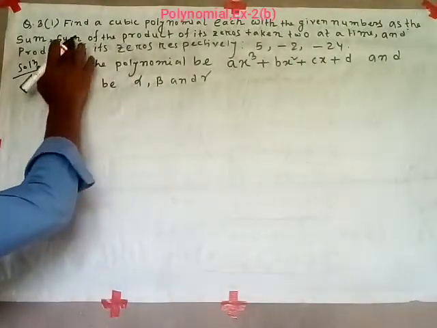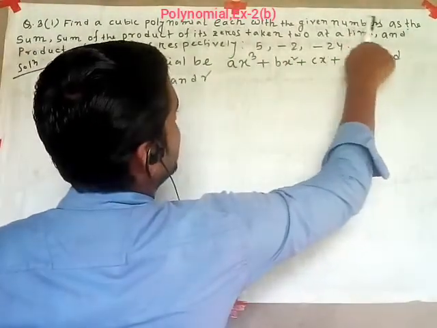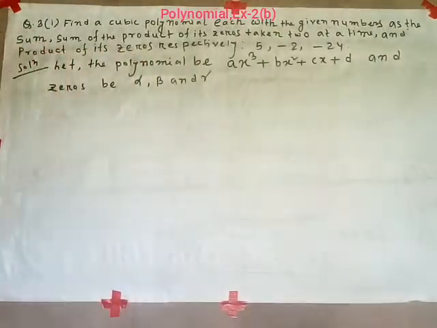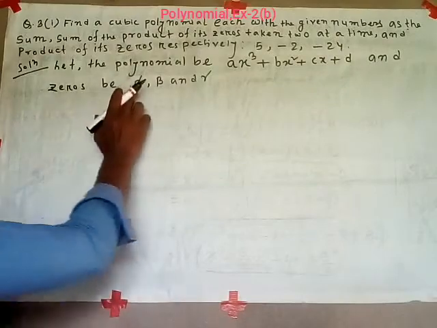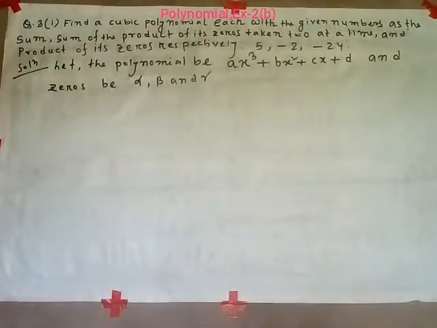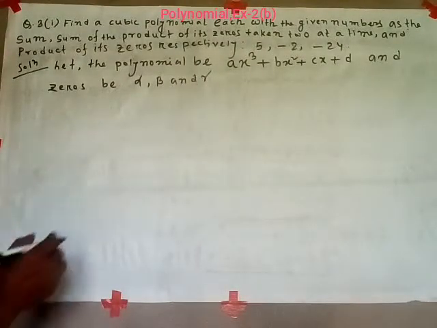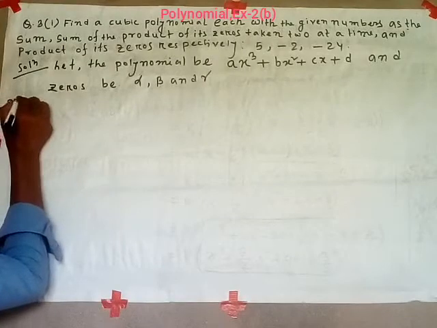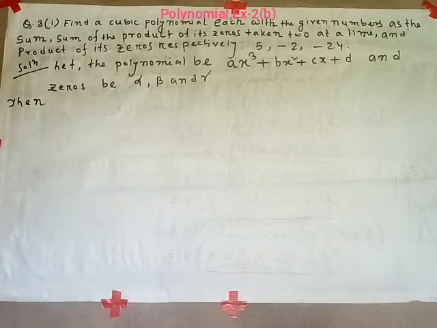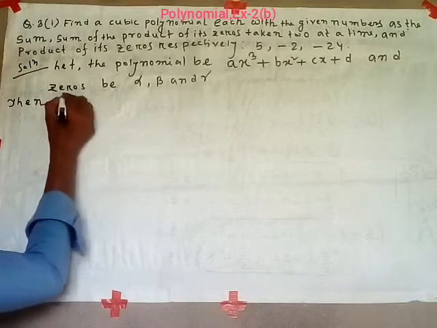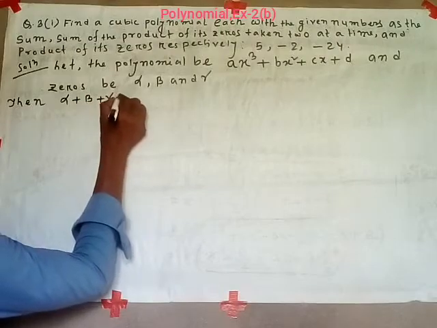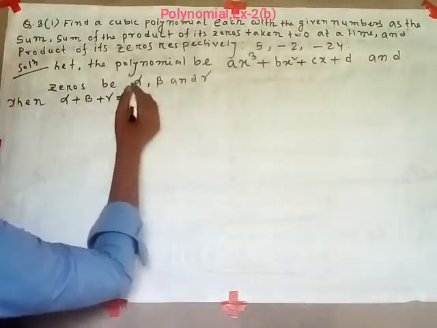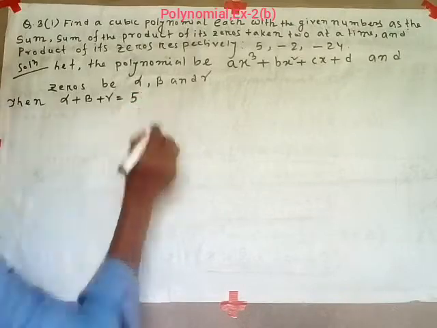Now what is this 5? 5 means the given number as the sum. As the sum means the addition of these 3 zeros. So we can write alpha plus beta plus gamma equal to 5.